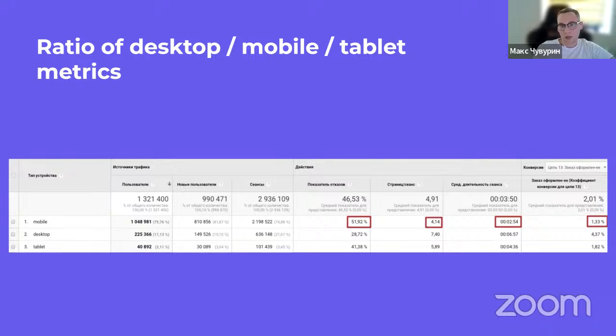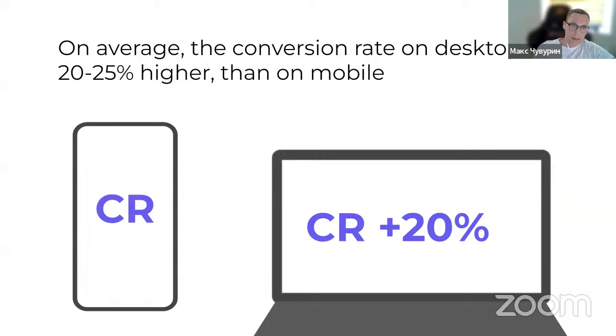Because of the normal ratio, 70-75% of users are mobile, it is crucial to keep in mind that mobile indicators will always differ from the desktop version. And according to our research, on average, the conversion rate on desktop is 20-25% higher than on mobile. That is why optimization of the mobile website version is often a priority.